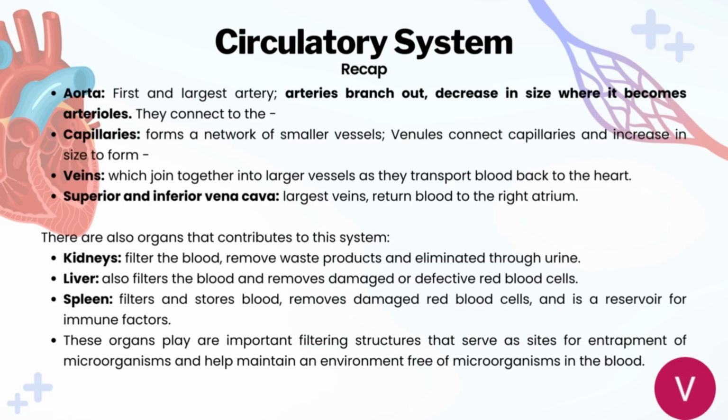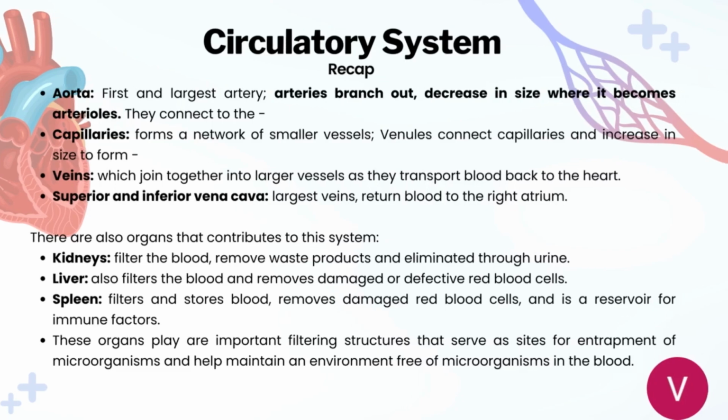These organs serve as important filtering structures, trapping microorganisms and maintaining a microorganism-free environment in the blood. Overall, the circulatory system ensures the efficient distribution of essential substances and the elimination of waste products, contributing to the overall functioning and health of the body.